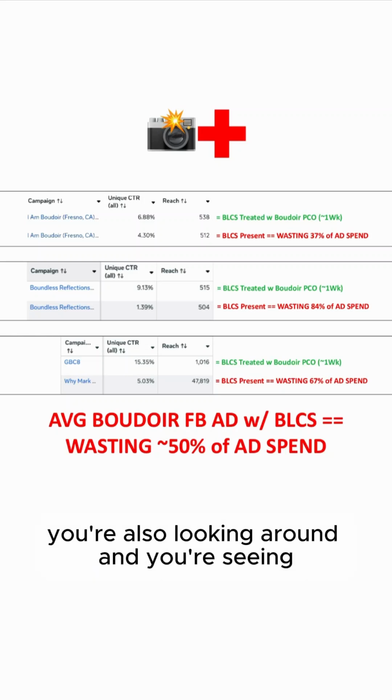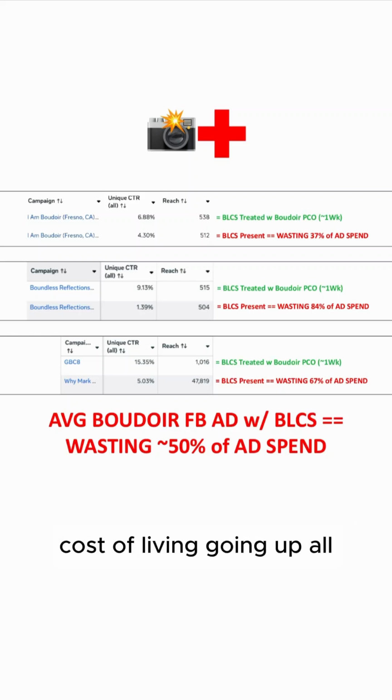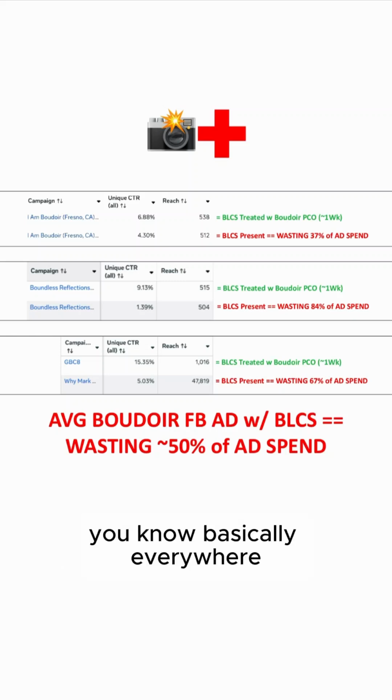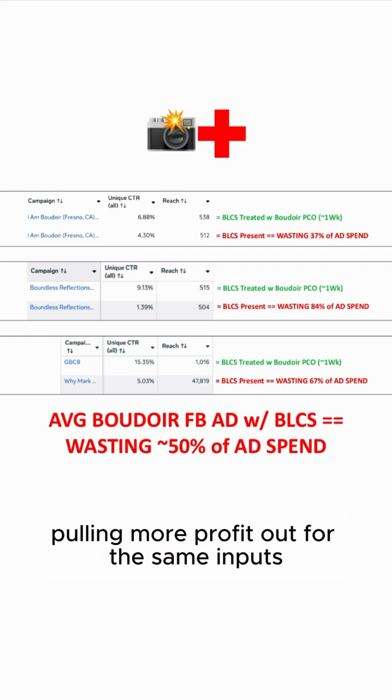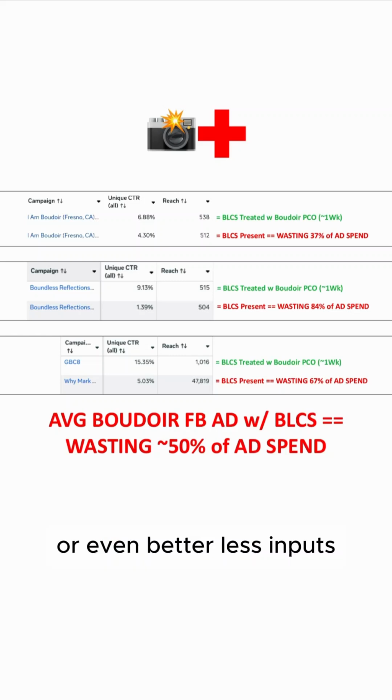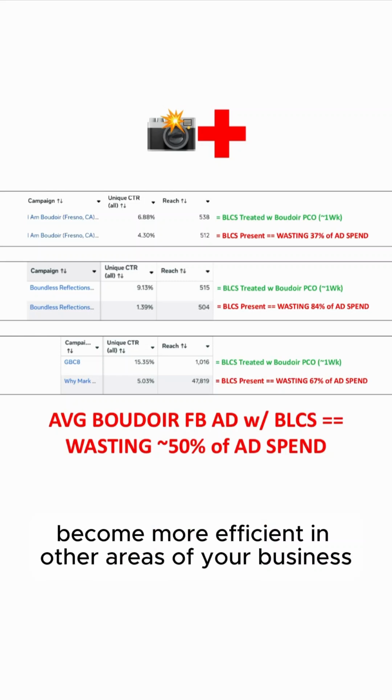You're also looking around, and you're seeing inflation, cost of living going up basically everywhere. So you've already been optimizing the business, pulling more profit out for the same inputs, or even better, less inputs, becoming more efficient in other areas of your business.